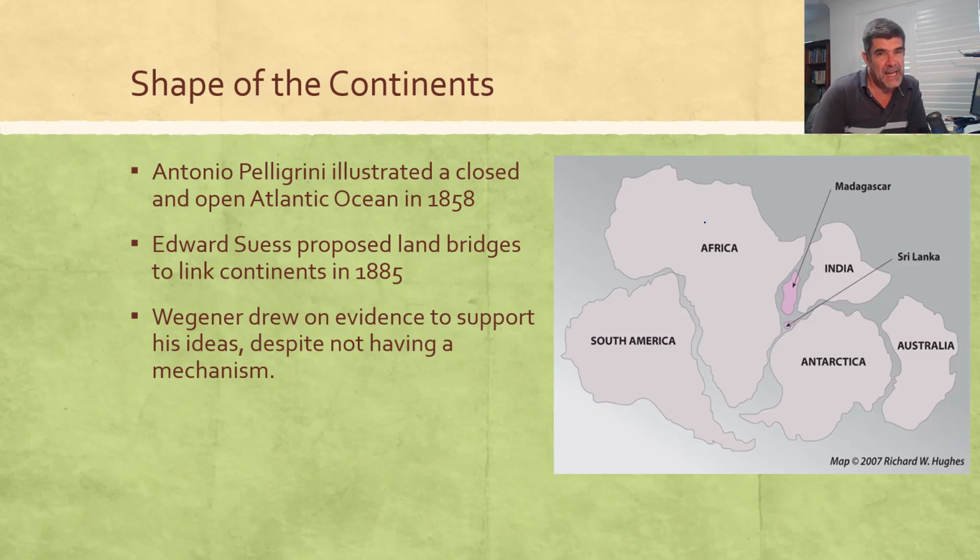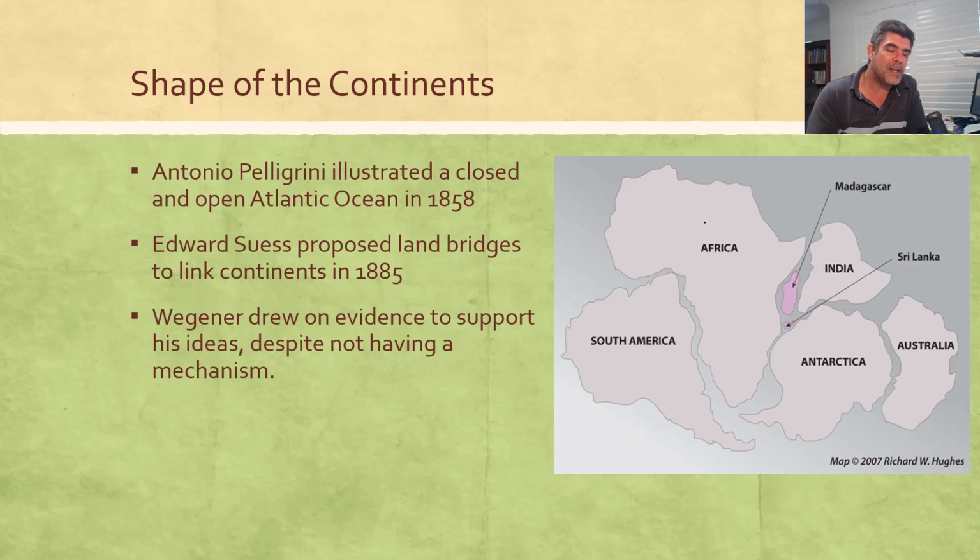And that was in the late 1850s. So this idea was quite an old one. Edward Suess also proposed some linkage between the different continents, although his idea was more about land bridges between the various continents and the mechanisms by which organisms could move from one continent to another.